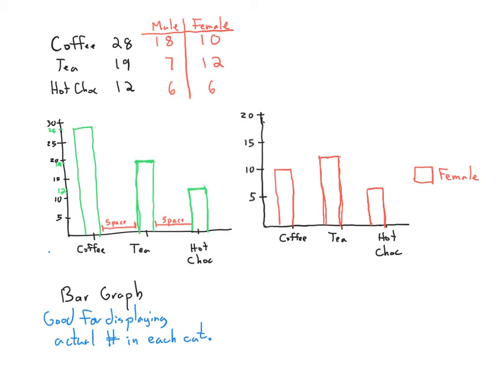So I'll just change my color here to green. Put a little legend to make sure that people know what it means. And we have that 18 male students like coffee the best. So there is my 18.